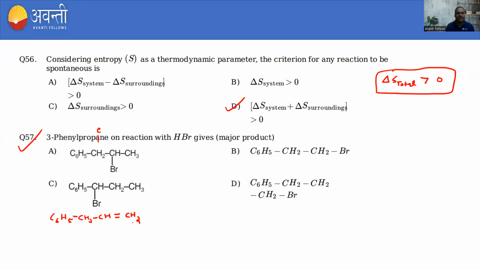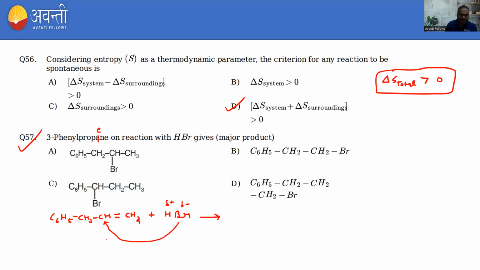So this is 3-phenyl propene, and this will react with HBr. According to Markovnikov's rule, the negative part goes to the carbon which contains the lesser number of hydrogens on the double bond. So the positive part will go to this carbon.